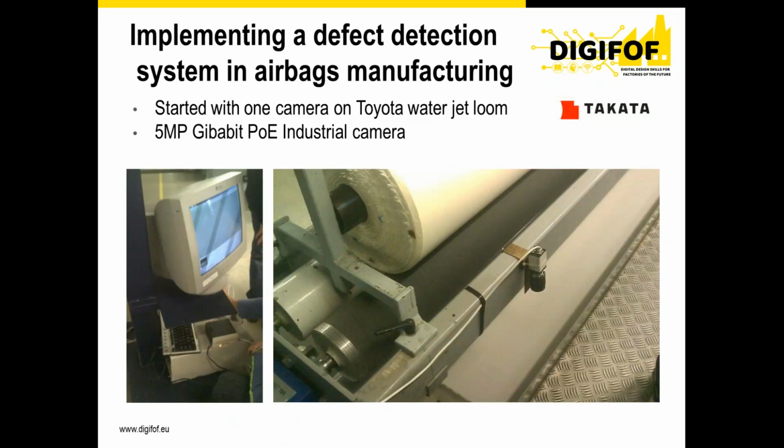So what we have done is to try to detect the defects being present in the loom. We started making some tests at the beginning with only one camera. We use a professional camera made by Baumer, 5 megapixel black and white camera, gigabit, and also power over Ethernet.